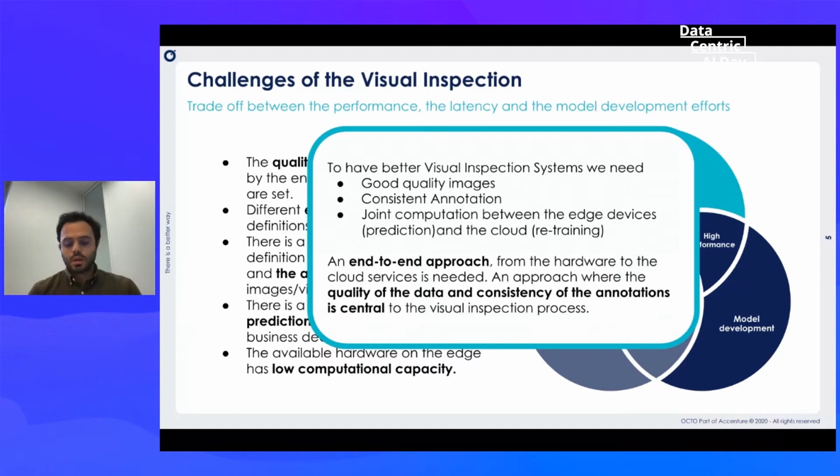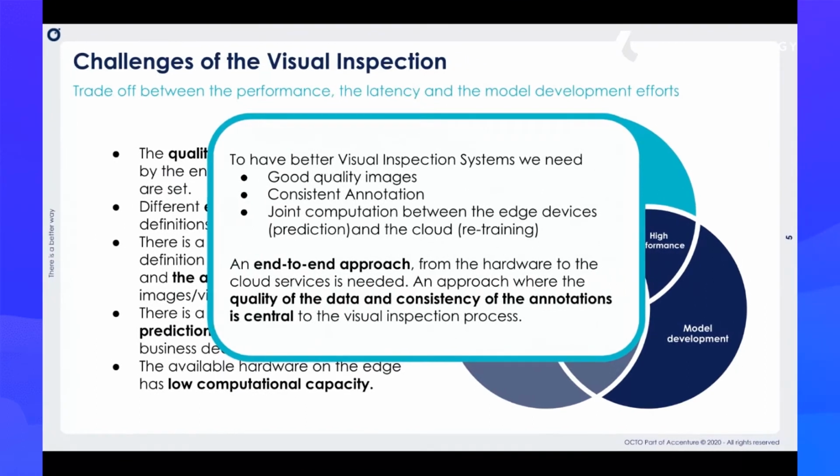I did not talk about this point, but when you deploy your model on the edge, meaning the computational unit, whether it is a drone or any edge device that is on the production line, it's not a one-time effort.